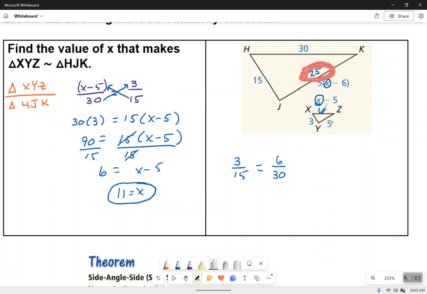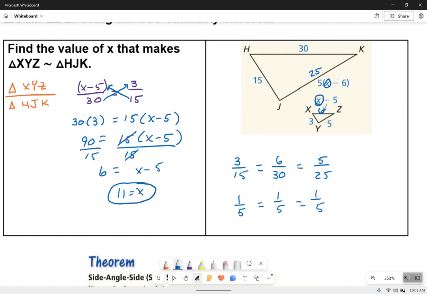And 25 would relate to what value here? Wouldn't that be 5? Guess what's 3 over 15 going to reduce to? What's 6 over 30 going to reduce to? What's 5 over 25 going to reduce to?